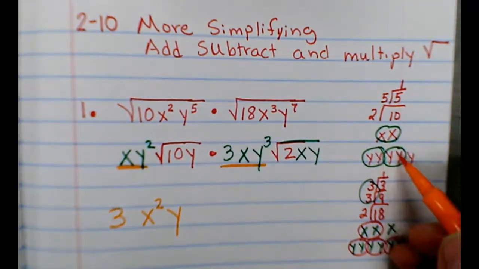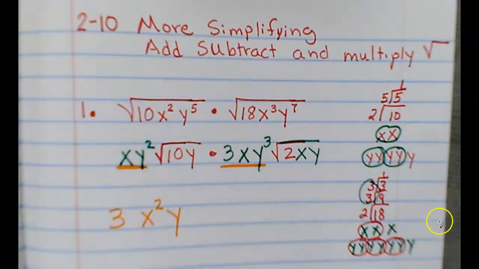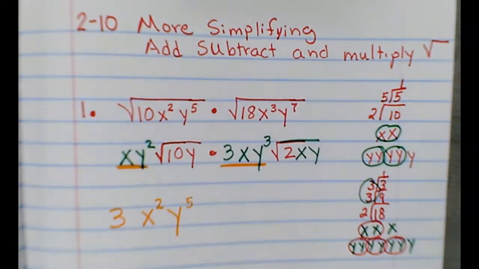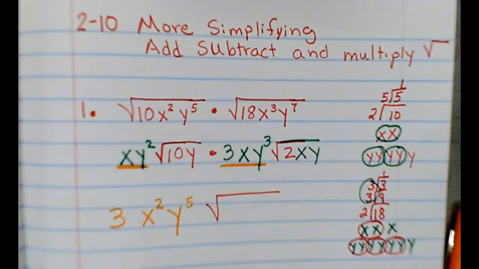And I have 1, 2, 3, 4, 5 pairs of y's. All right, and so then what do I have left under the radical sign?